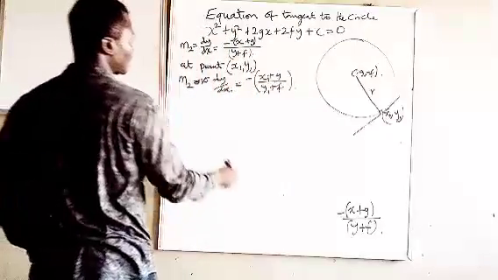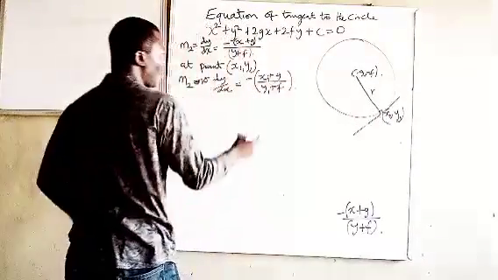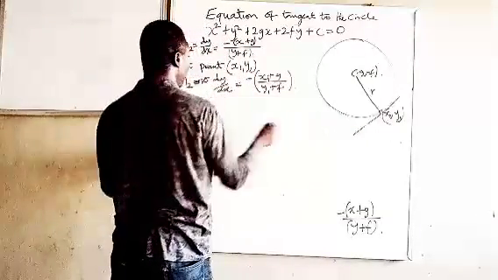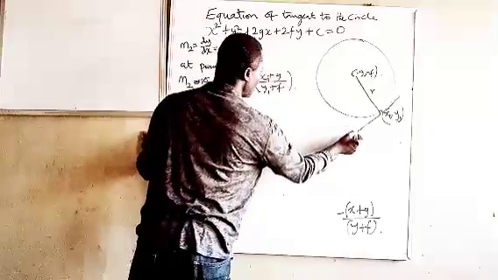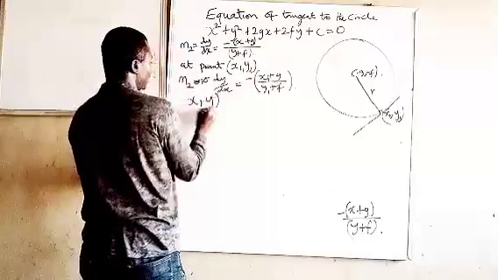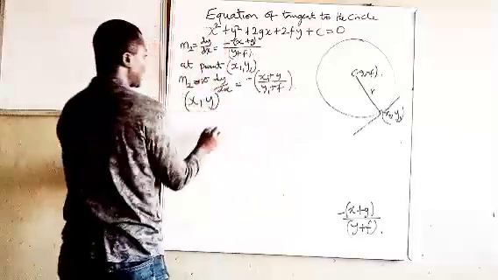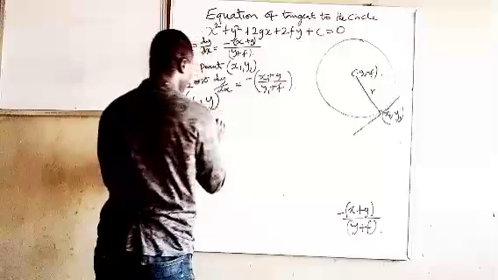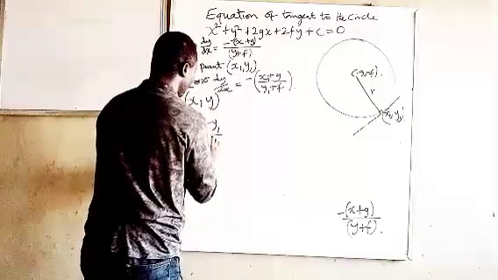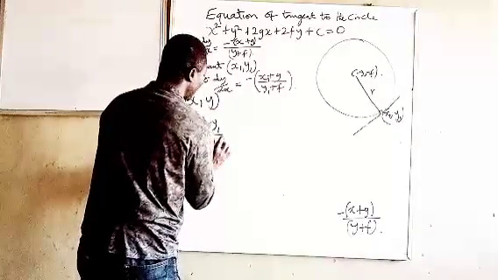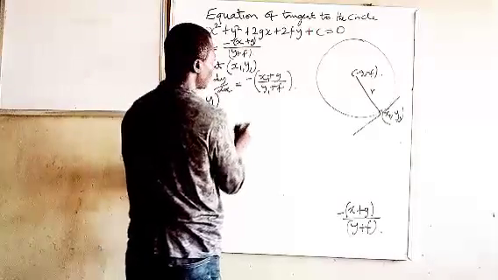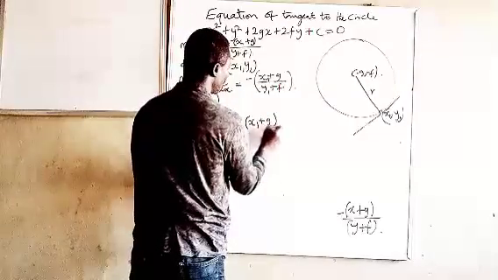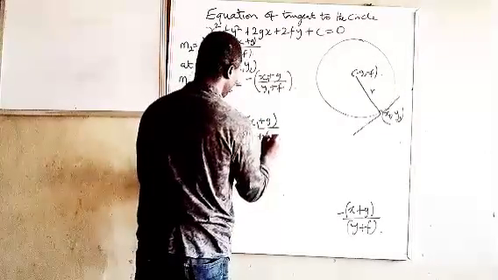So since we have these points, we can now use it to find our general equation for the straight line. Any point on the line will be represented as (x, y). So the equation of the straight line will now be (y minus y1) over (x minus x1) will be equal to minus (x1 plus g) over (y1 plus f).